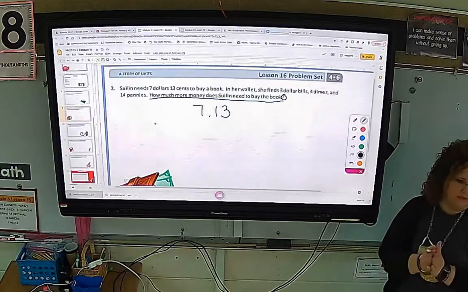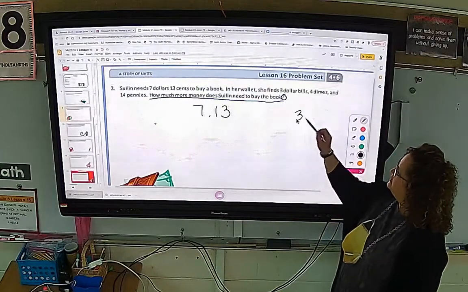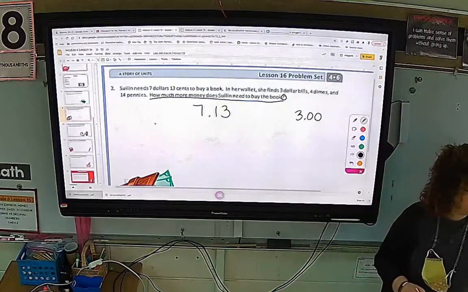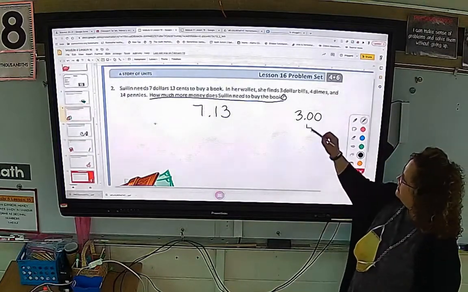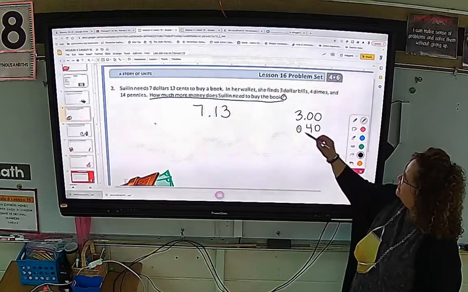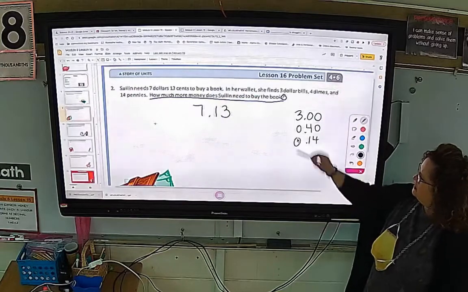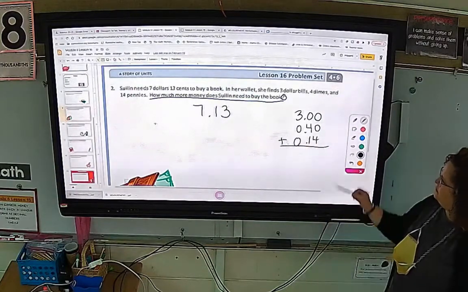First we got to add up, see what she has, then we can subtract it. She has $3. She has 4 dimes. What would that be? 40 cents. 0.40, sure. And then 14 pennies. Okay? So let me know when you get there how much she's got.